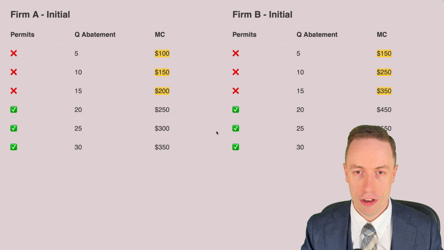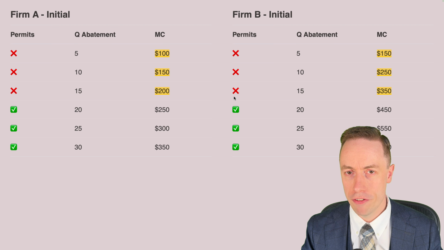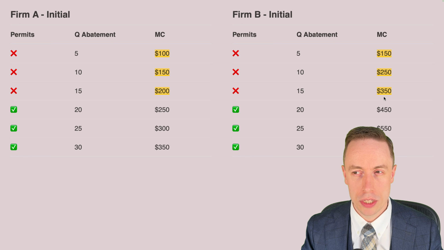Firm B has 15 permits and it's thinking about buying another 5 block, right? Like what if I could put a check mark here? I wouldn't have to cut the last 5 units of pollution, and those units cost me $350 to cut each.